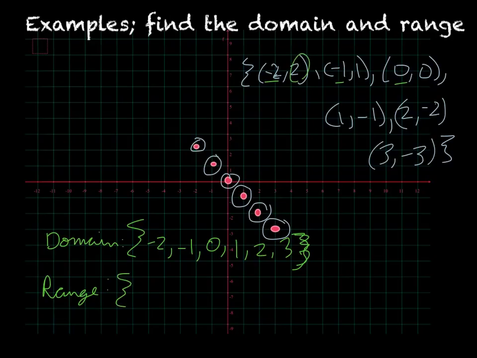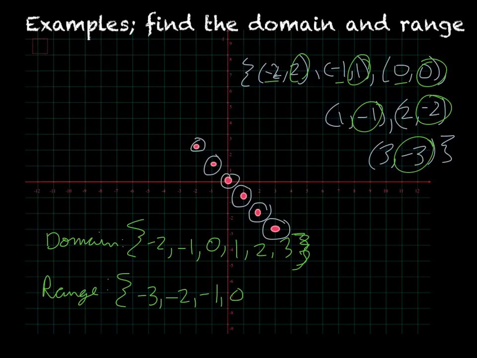We're going from smallest to biggest. So my smallest is -3, and then the next is -2, -1, 0, 1, and 2. So those are my possible y values, and that would be my domain and range of this function.